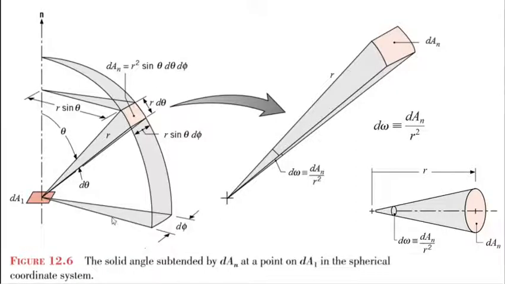So this is the definition of a solid angle. Suppose I take a small area on the surface of a sphere, and try to look at it from the coordinate system, then let us say this is the center of the sphere, and the radius of the sphere is this. Now this area can be looked upon on the basis of a sector in the phi direction, which is the azimuth.